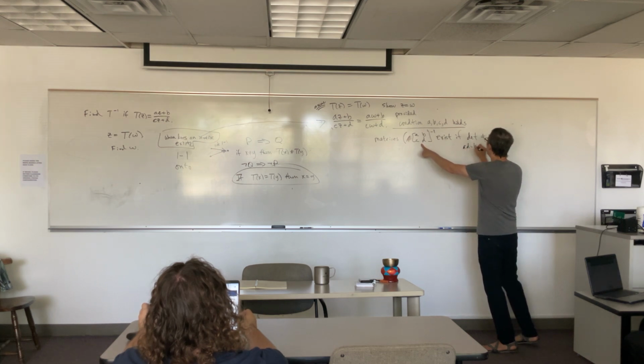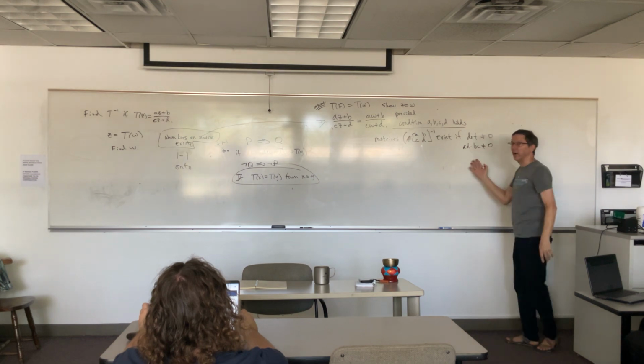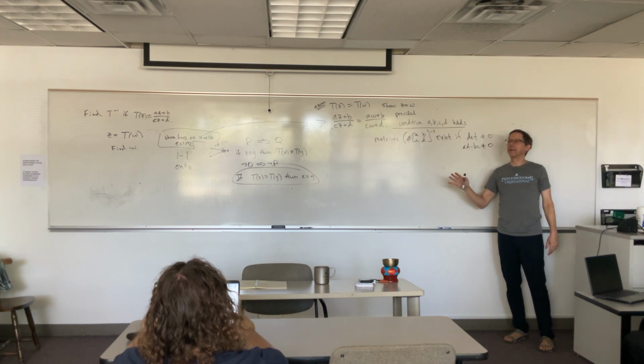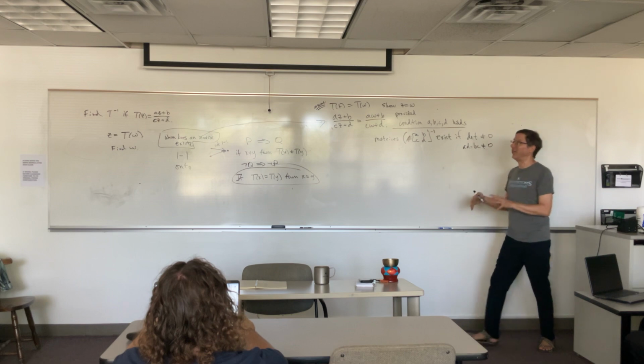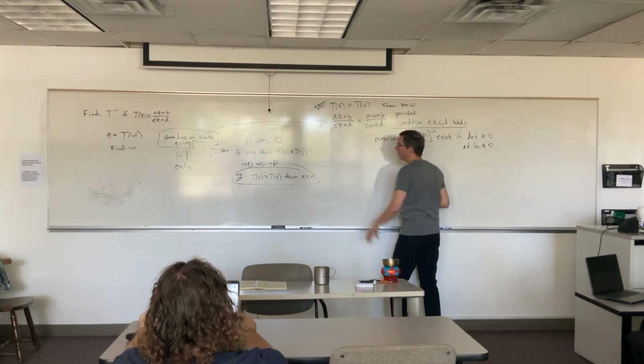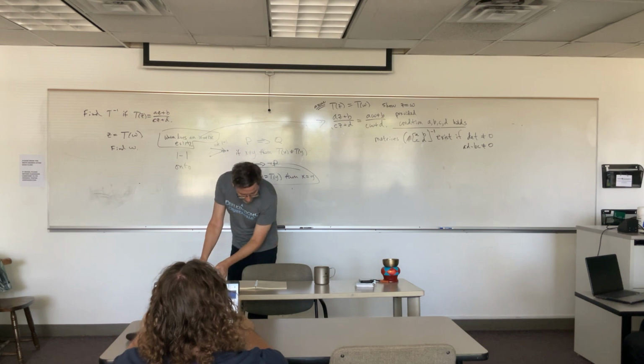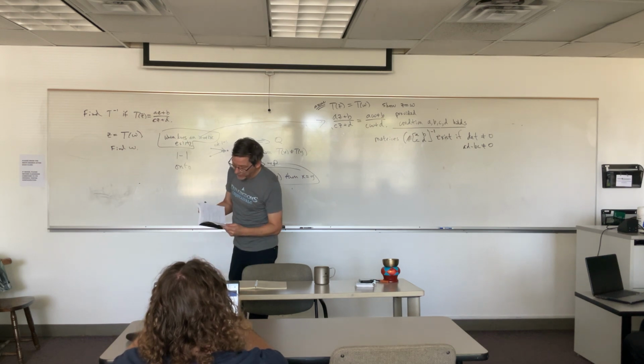AD minus BC is not equal to 0. Just saying, that might show up somewhere. There's an intimate relationship between these things in matrices, which is kind of interesting. So that's my tip on that. Let me go through number 3.9, take a look at that.